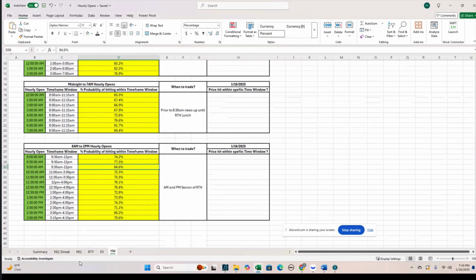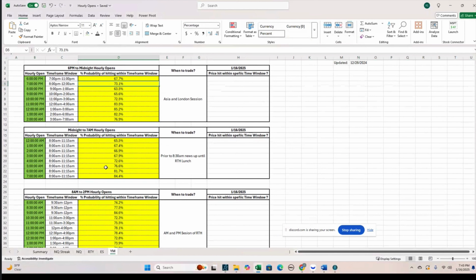So these are basically probabilities of us hitting the 9 o'clock open between 9:30 and 12 p.m. over the last 400 to 800 sessions, or 400 to 1,000 sessions. Some of these are 400, but most of them are 1,000, right?